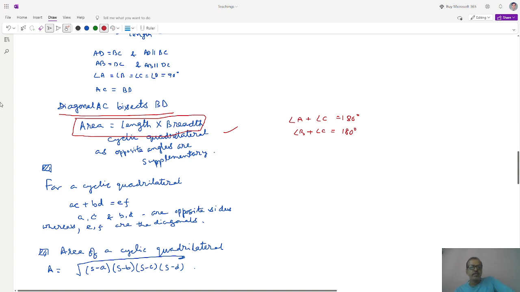Already I discussed the condition of a cyclic quadrilateral. It may alternately be proved that for a cyclic quadrilateral, AC into BD equals the sum of products of opposite sides.